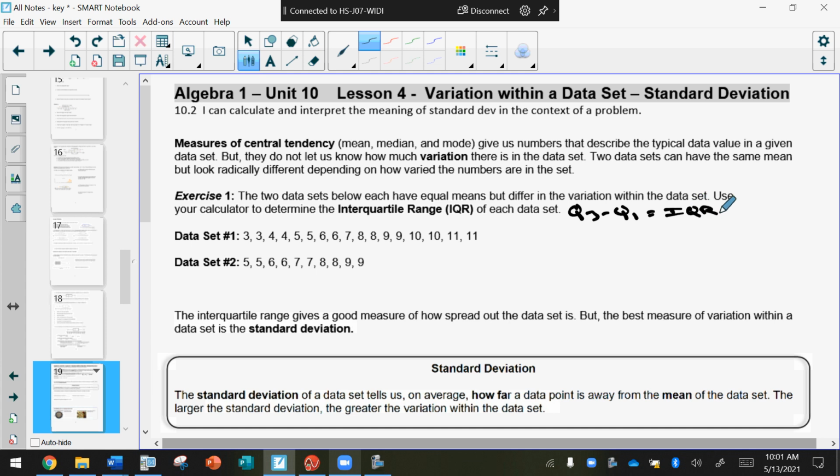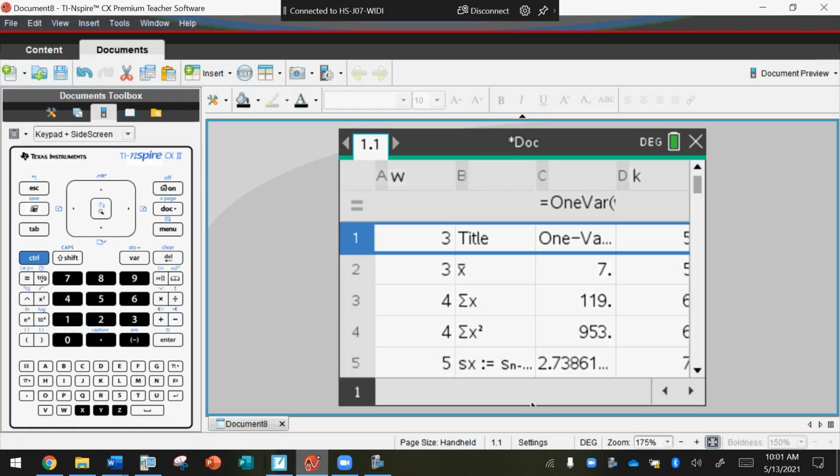So if you have your calculator, you can put these into the calculator in the lists and go through to get all your data information so we can find the Q3 and the Q1. Now I did that for you if you want to just save time. I have it right here. So in my list that I named W, that is data set number 1.